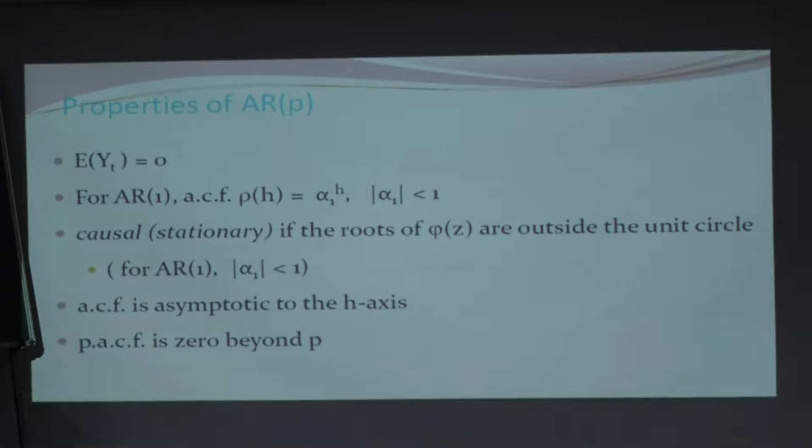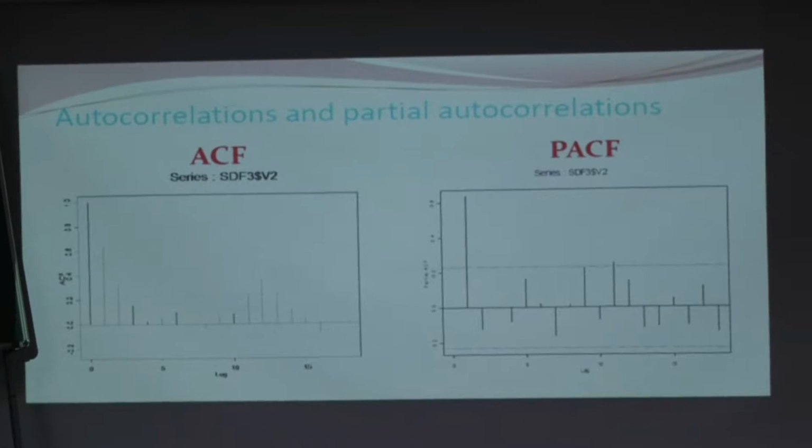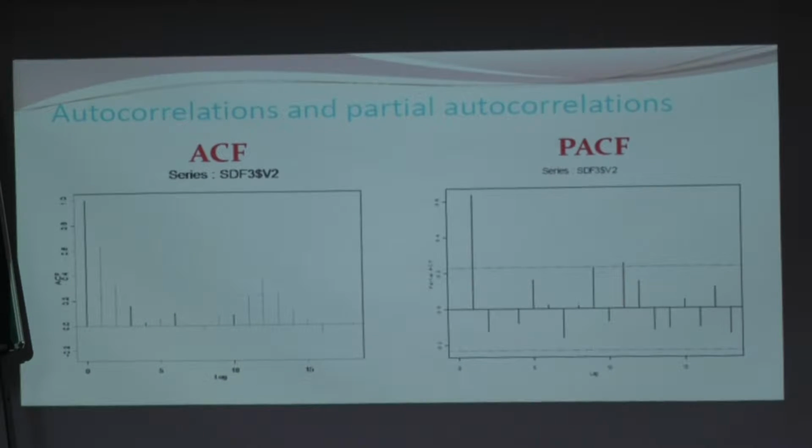Okay. Now I'll go back to the PACF here. If the ACF does not go down to 0, but the PACF is 0 beyond 2, what would you say? Suppose the PACF is this: the first and the second are significant, beyond that it's insignificant.